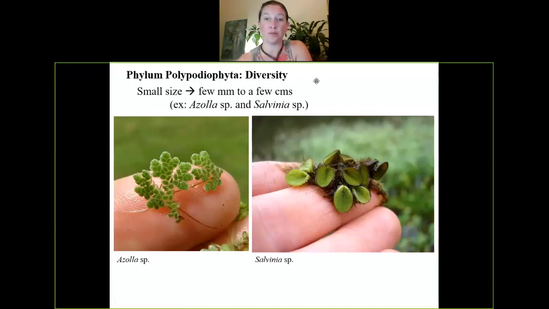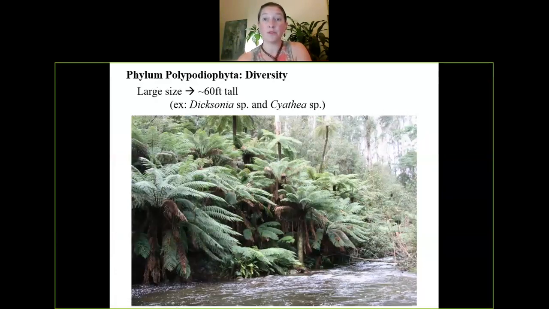So look at this in terms of difference in diversity in size. So here are some examples of very small ferns. Those are on somebody's finger. So you get an idea of how very small those are, right? Just a few millimeters to a few centimeters big, really, really small. Some ferns are really, really small. Some ferns are really, really big. Some ferns can grow to be the size of a tree, and we actually call them tree ferns.